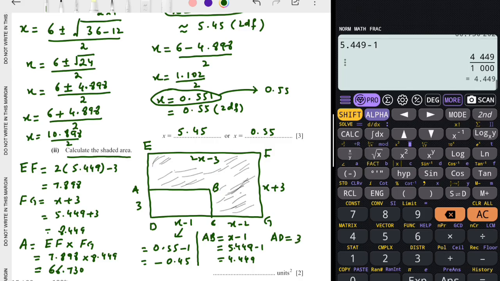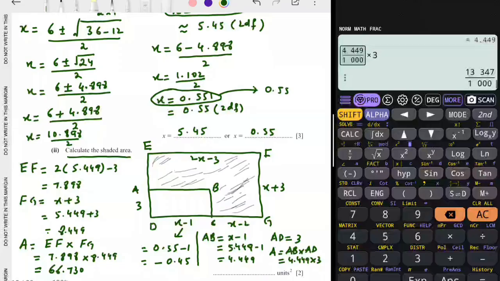So now area would be equal to length, that is AB or DC, multiply by width, that is AD. So we'll multiply them. 4.449 times 3. So this is 13.347.